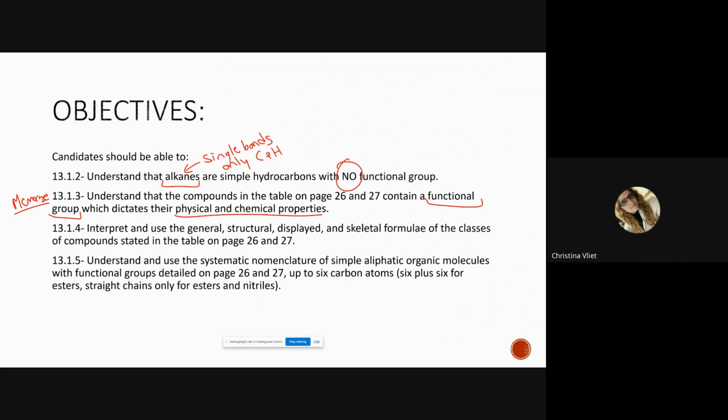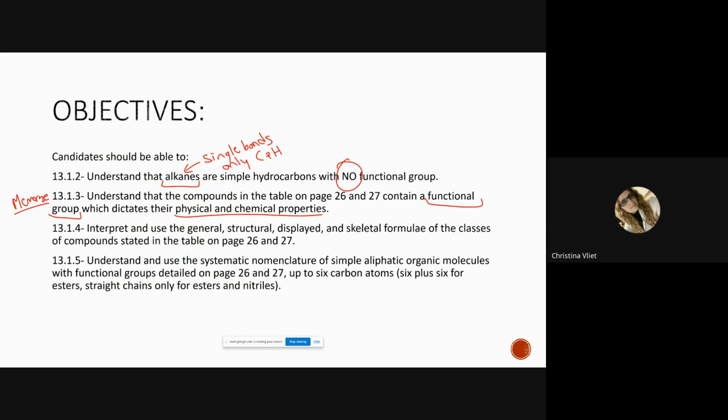That's on page 26 and 27 of your syllabus, which I have so kindly printed out for you. These are the functional groups you're going to need to know. You'll notice that there's a bunch of different columns there. The name of the functional group and the displayed, the structural, the skeletal structure for each one.